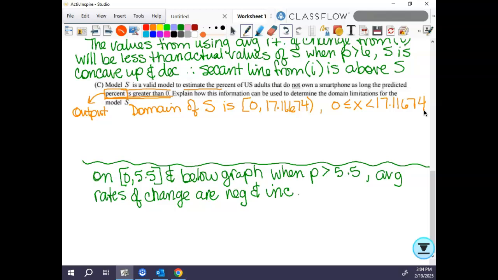So we use that because when S of t equals 0, t equals 17.11674, okay?